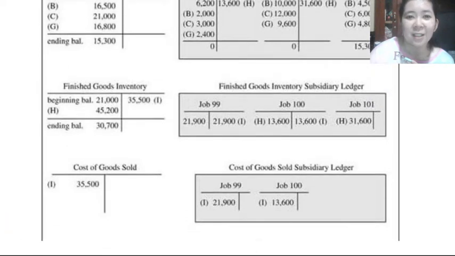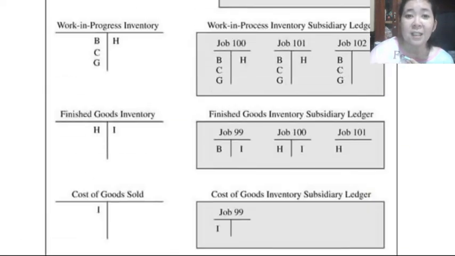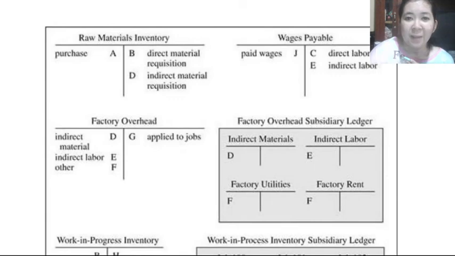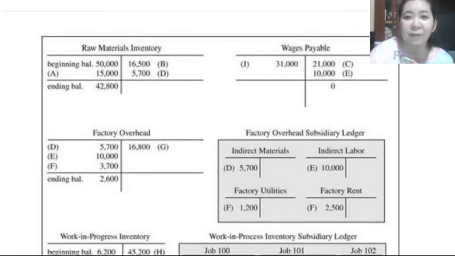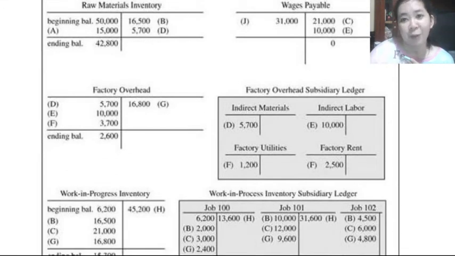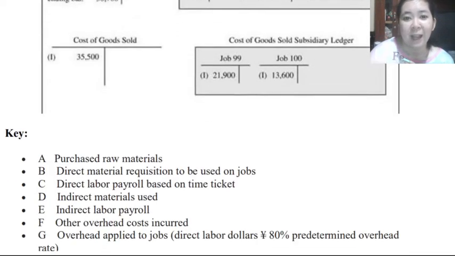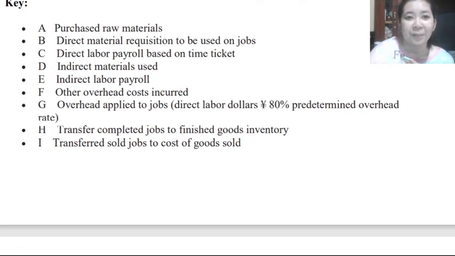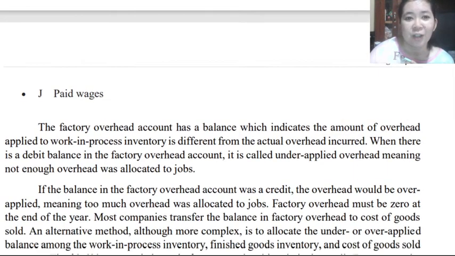Okay, this is just an illustration, the same with this one, but in the second illustration we have indicated the amount for the cost for each manufacturing cost item.